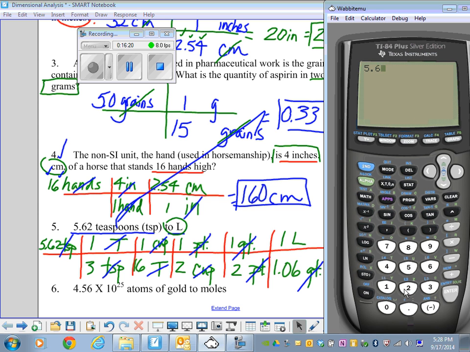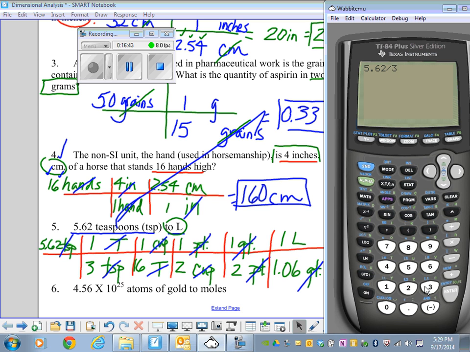Let's try it. All right, let me clear it. So that's 5.62. And in my problem, we have nothing but the number 1, so we don't have to do anything at that point.